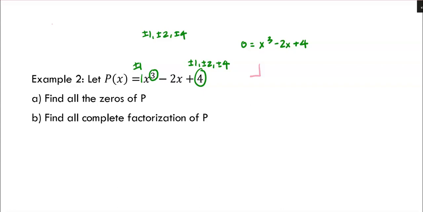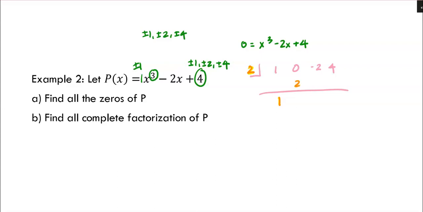So we have a 1, a 0, a -2, and a 4. Let's try 1 to see if it works. Bring 1 down. 1 times 1 is 1. 1, 1, -1. Nope, it doesn't work. Let's try 2.